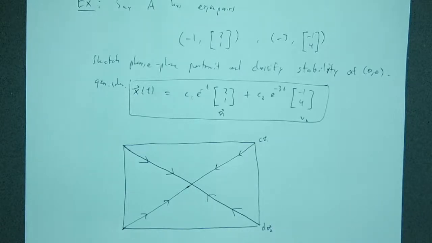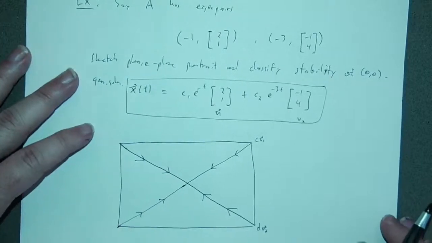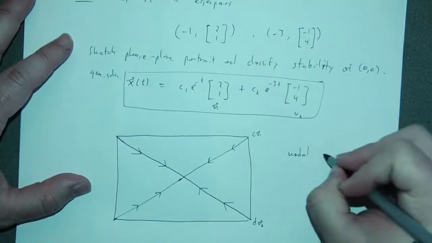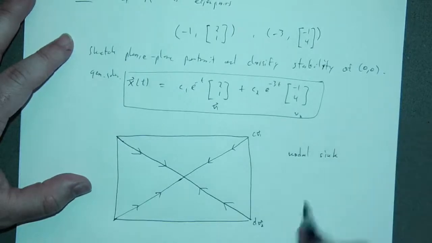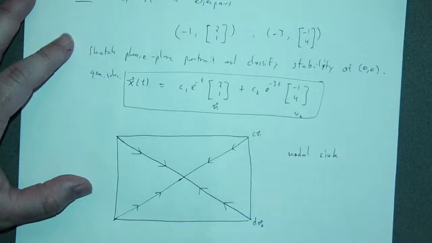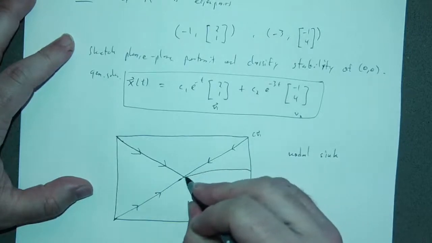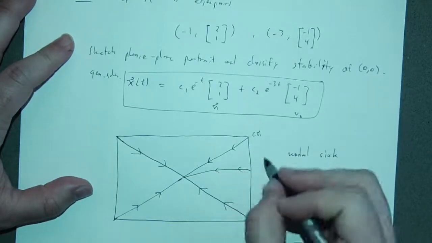Now, what case am I in here? Going back to all my earlier pictures, this is the case of a nodal sink. If I wanted to draw a few more trajectories, these would go towards the origin, like that.